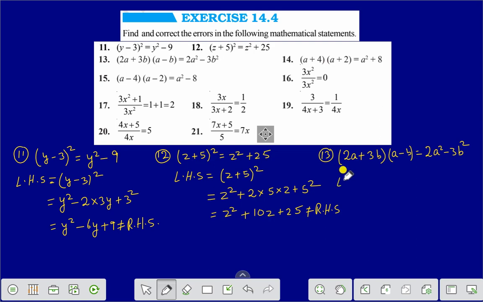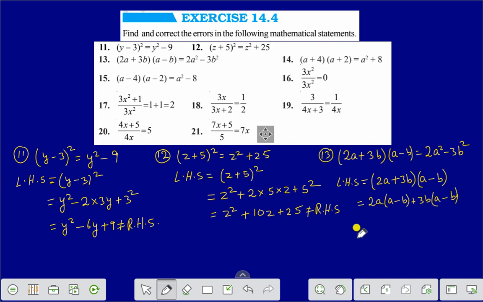Let us find the left hand side. The value of the left hand side is (2a plus 3b) into (a minus b). Therefore, it can be written as 2a into (a minus b) plus 3b into (a minus b).